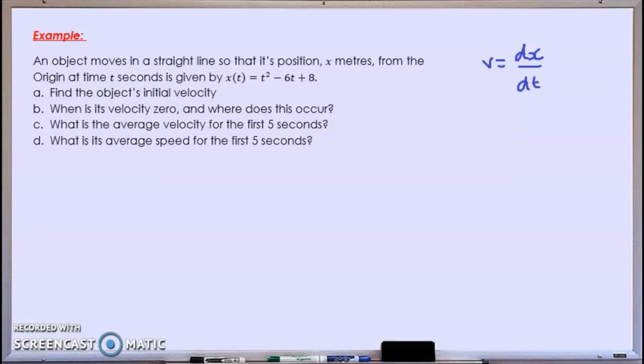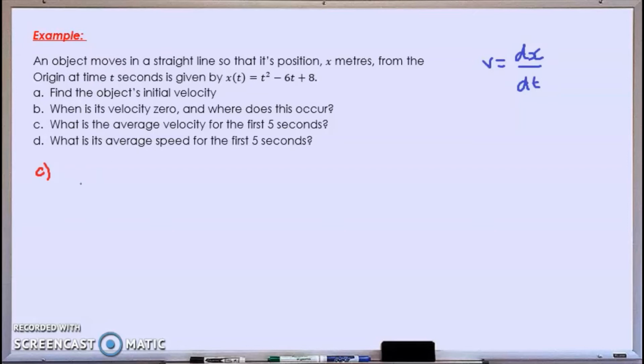The third part of this question asks us for the average velocity, and this is where things can start getting a little bit tricky. Now, the average velocity is the change in the position over the change in time. So we'll write that down to be clear. This means that if the object turns around, the average velocity will not be the same as the average speed.